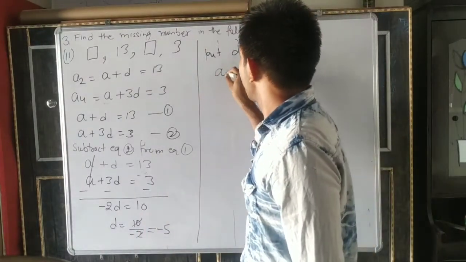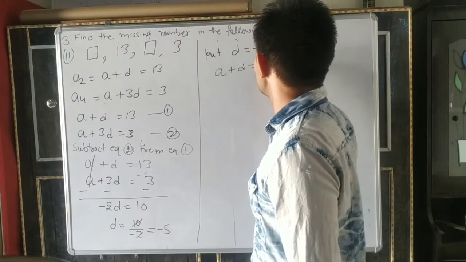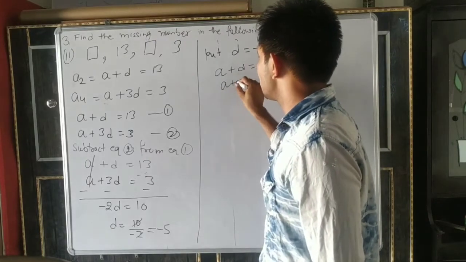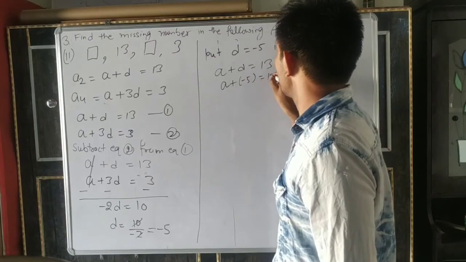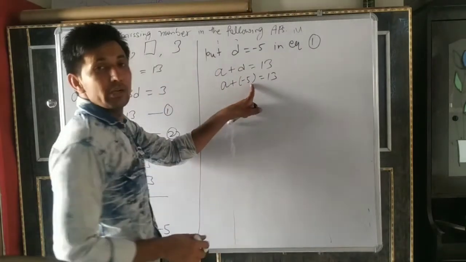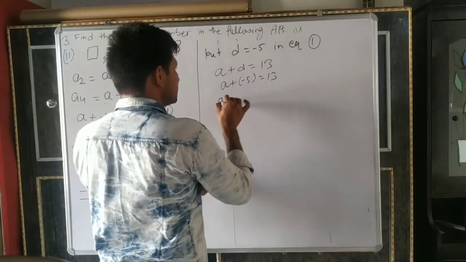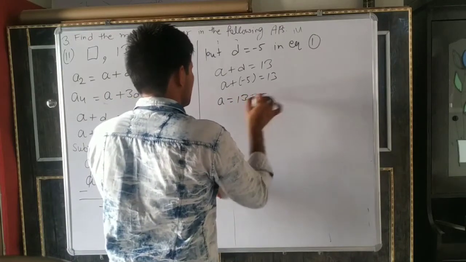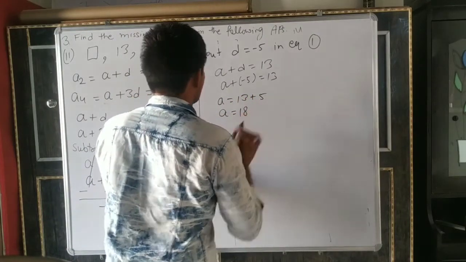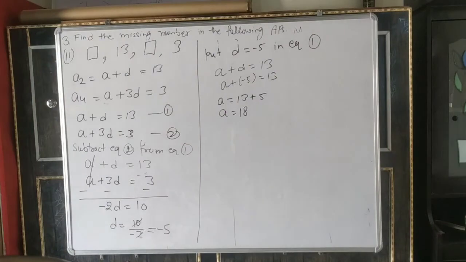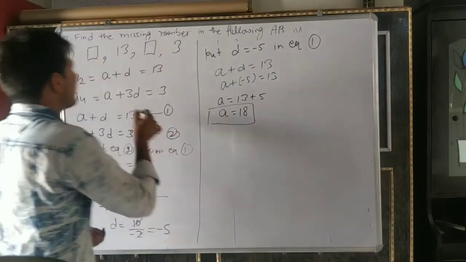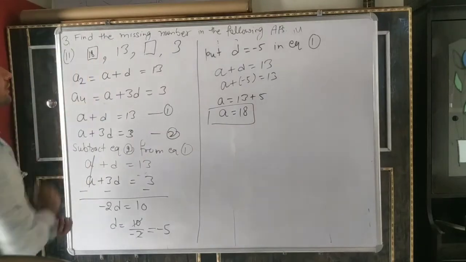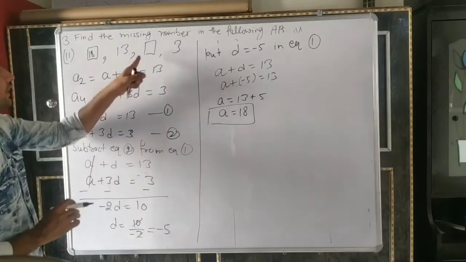So A plus D equal to 13. A plus D, how much? A minus 5 equal to 13. Negative on the other side becomes positive. 13 plus 5. So A equal to 18. Understand here? We wanted to find A, the first term. So A is 18. Understand? And D, how much?